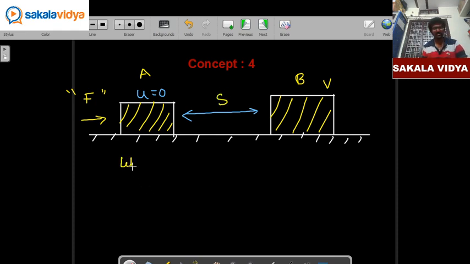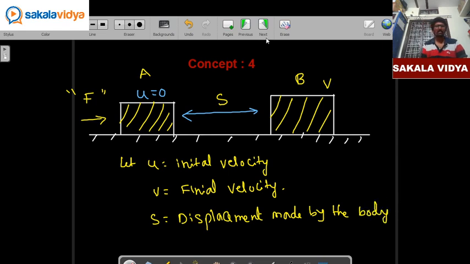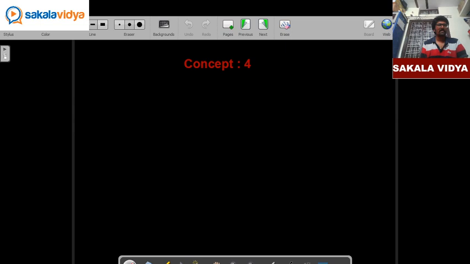So let u is equal to initial velocity, v is equal to final velocity, s is a displacement made by the body. So according to our basic formula, v square minus u square is equal to 2as.